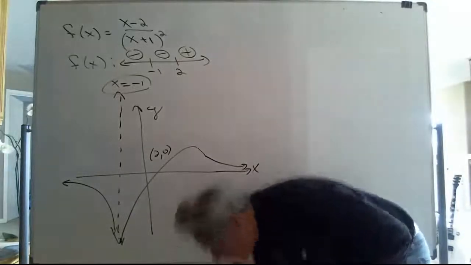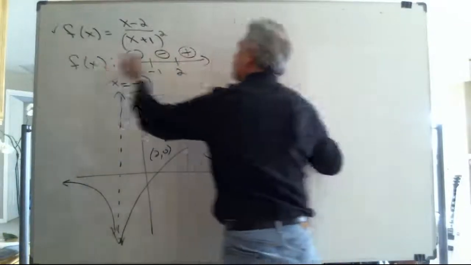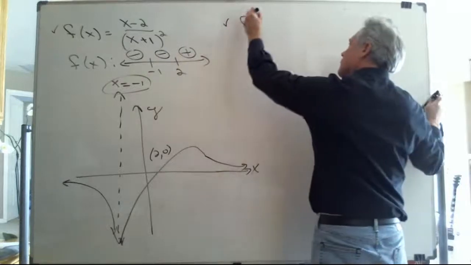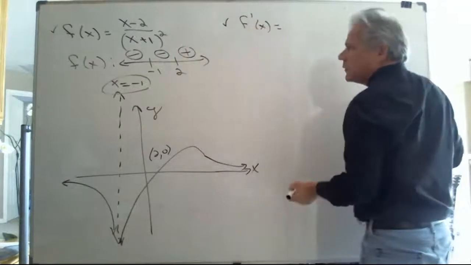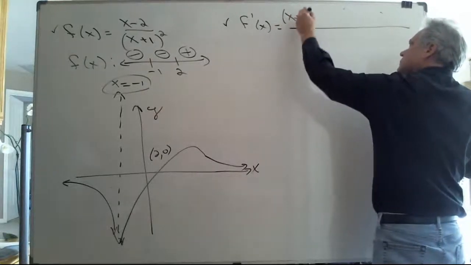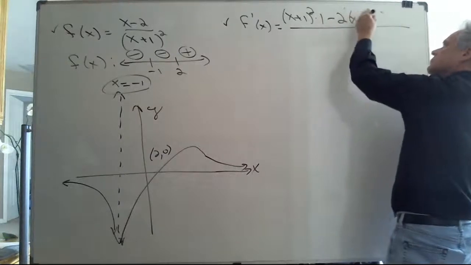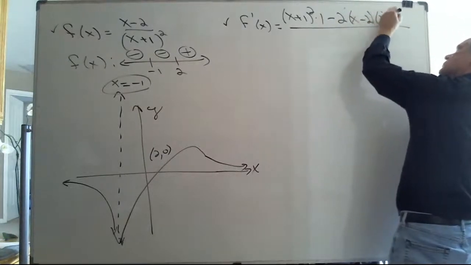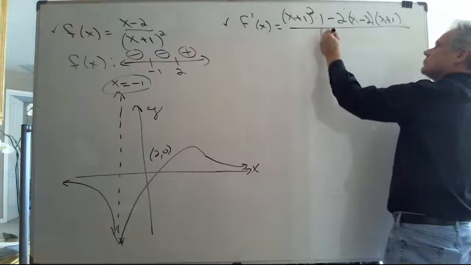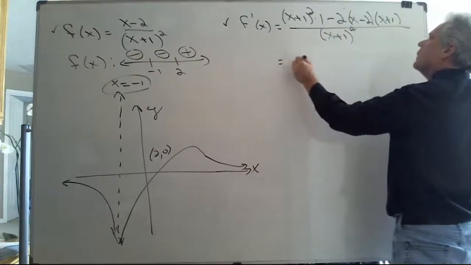For me to find a local max, I will compute the first derivative function and build a sign graph for it. So differentiate with my quotient rule. Simplify.